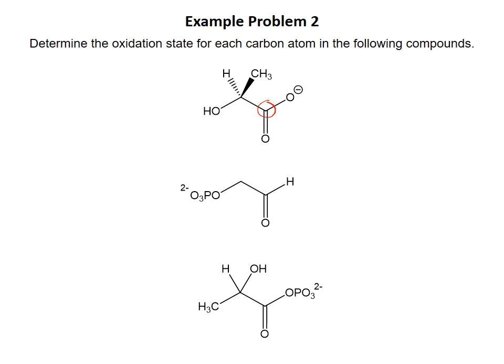So we must look at the substituents that are attached to it, and based on the priority rankings of oxidation state, 8 being the most potential to be oxidized and 0 being completely oxidized, the value of this carbon is going to range from 0 to 8. So we can determine it by looking at the substituents.